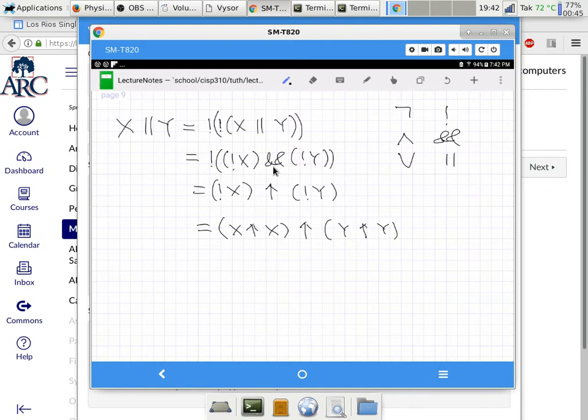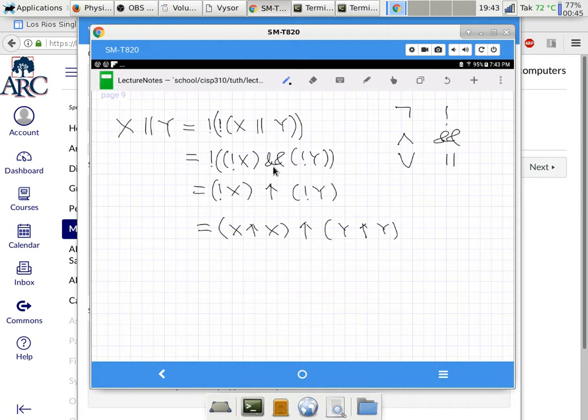Yep. So why are we deriving the expression in terms of NAND from the original disjunction rather than going in the opposite direction? Why this way rather than the other way? You mean starting with this and then going back and saying this is eventually X or Y? Yeah, why do we choose this direction?